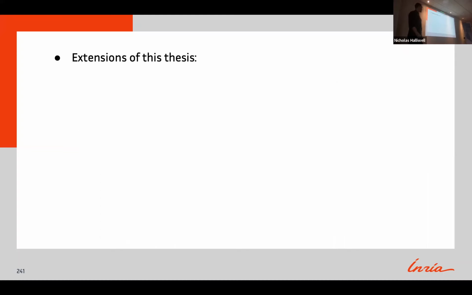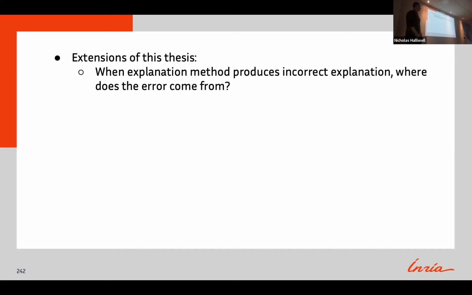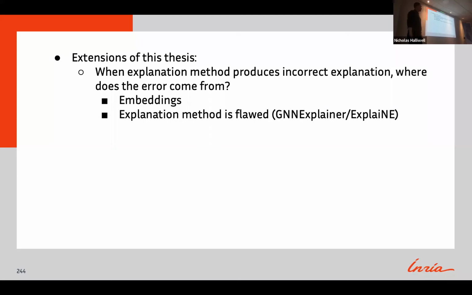So, some possible extensions of this thesis. Going back to this idea of prior knowledge in the embeddings: when an explanation method produces some incorrect explanation, where does this error come from? Is it the bad embeddings, or is it some flaw with the post-hoc explainer? This is something that is still open research.